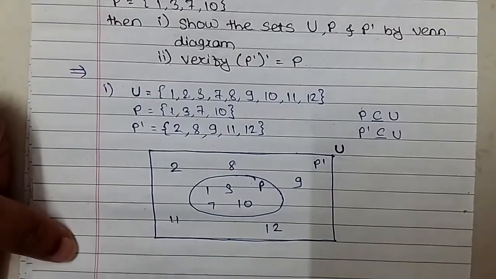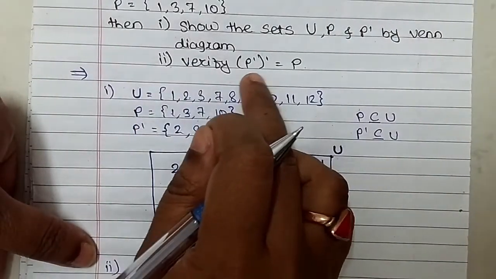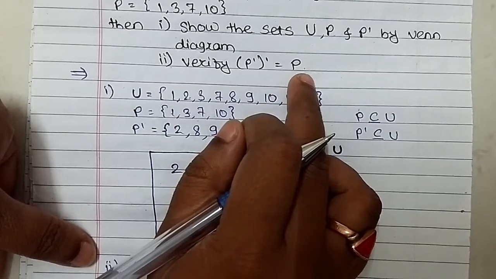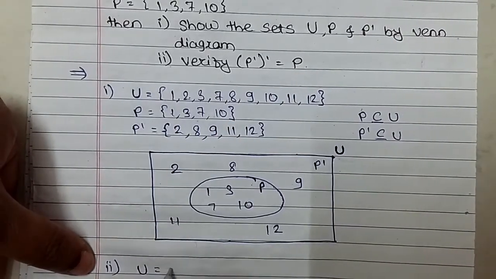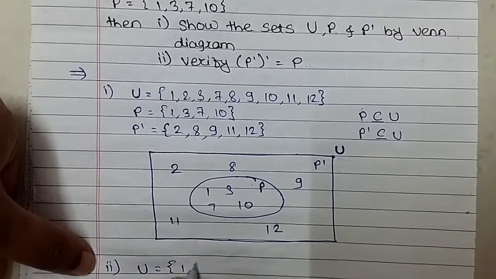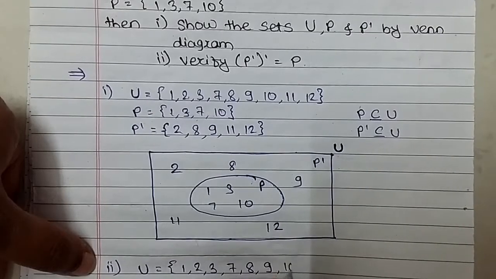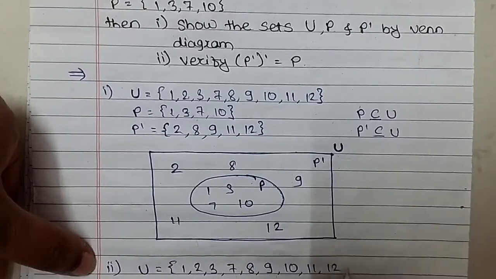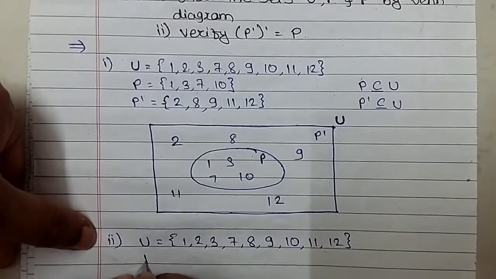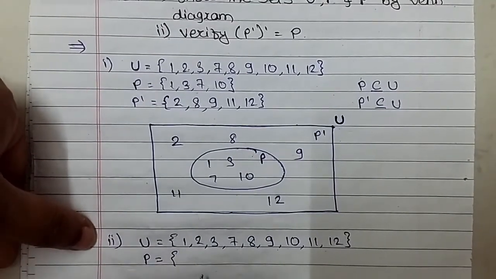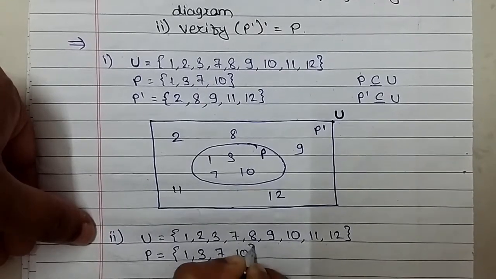Second part. The second part is: verify that P's complement's complement is equal to P. So write down the given sets as they are, that is the universal set U is equal to 1, 2, 3, 7, 8, 9, 10, 11, 12. Next, write down set P here, that is 1, 3, 7, 10.